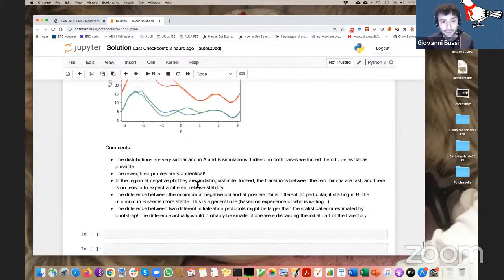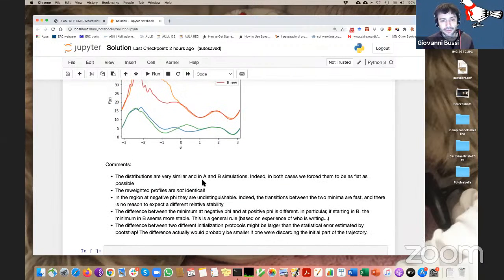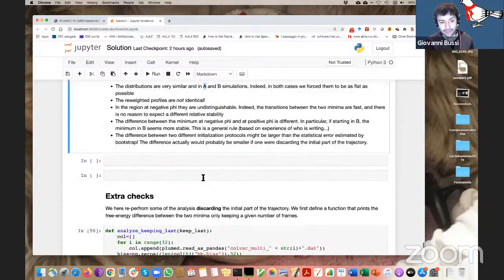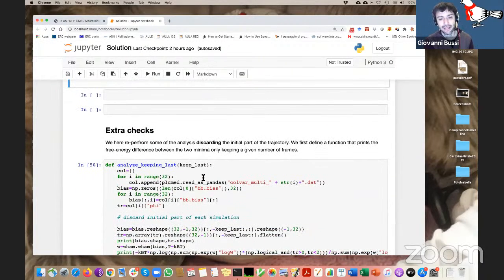The standard way to do umbrella sampling is to do only simulation from one minimum and discard the initial part of the trajectory. It's very dangerous.